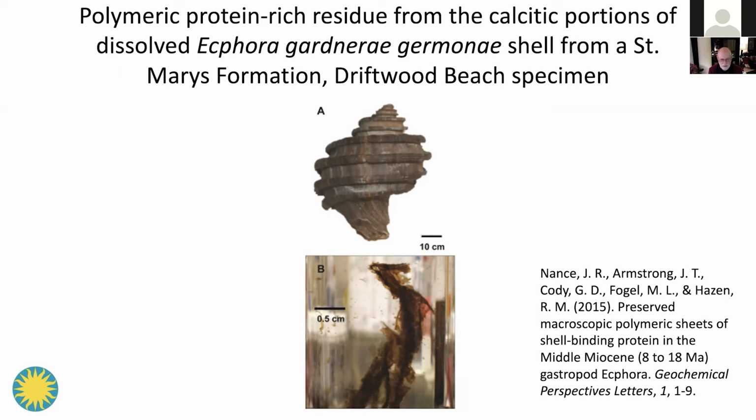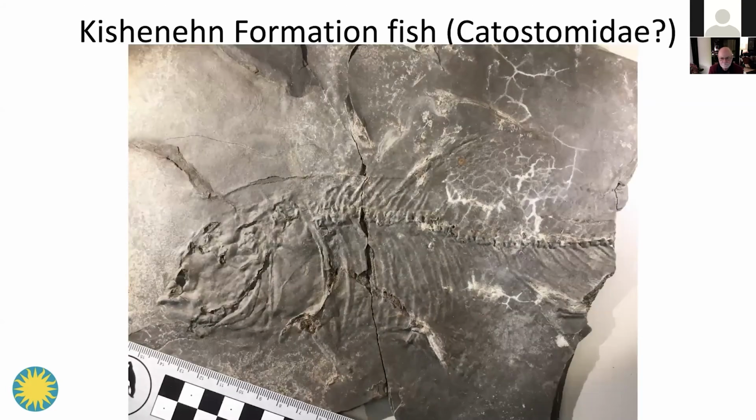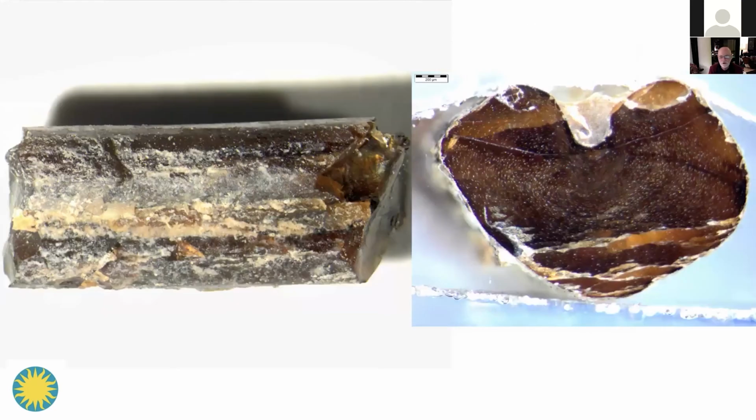John has not been able so far to find collaborators who are able to characterize the ancient biomolecules in this material. I was able to collect a fish fossil from northwestern Montana, and from that fossil, I was able to pick out some bones.